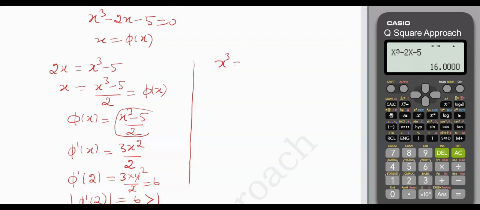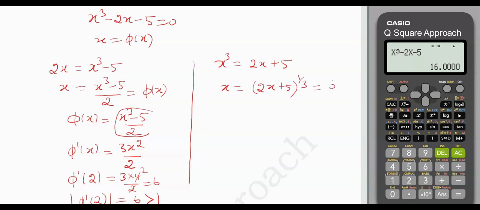x cube is equal to 2x plus 5. From this, x is equal to (2x plus 5) whole power 1 by 3.